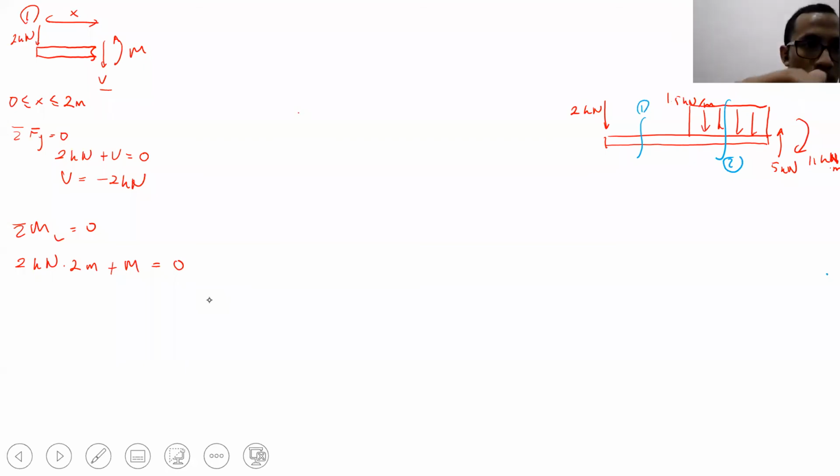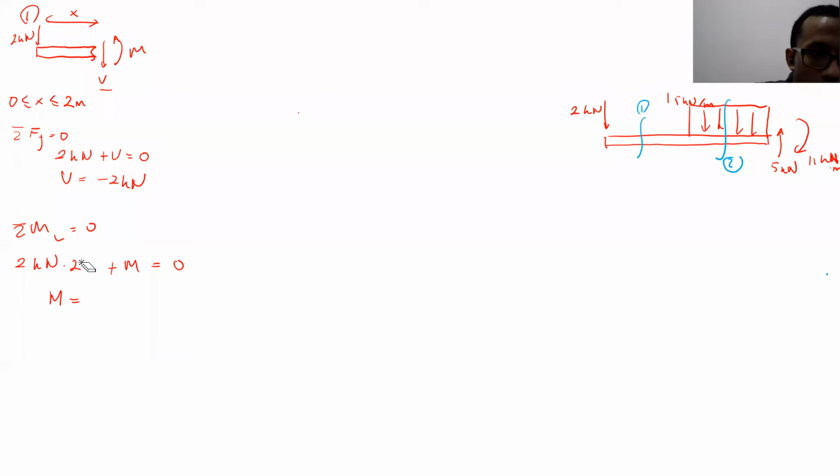Okay. And then we have the moment. The value of the moment is equal to, this one is not 2 meters. Sorry. This one is supposed to be multiplied by x, right? So the value of M is equal to minus 2x kilonewton meter. Yes, correct.